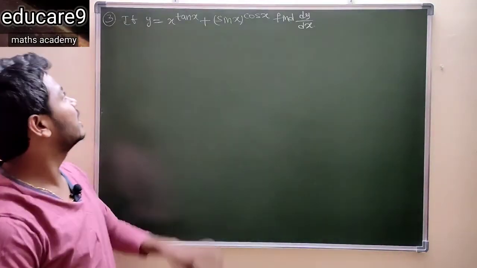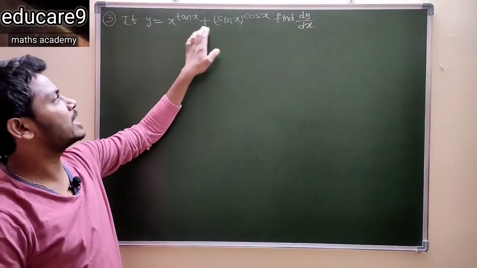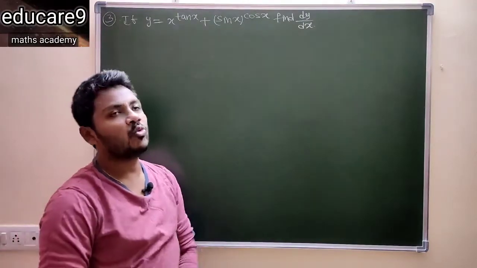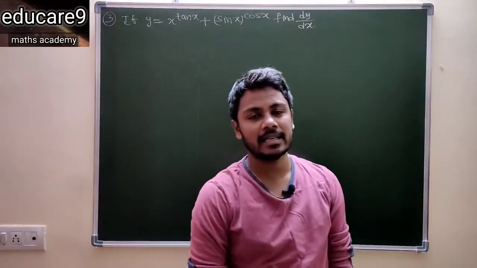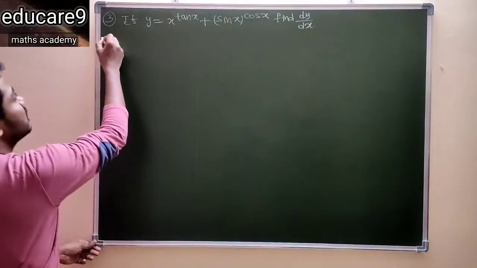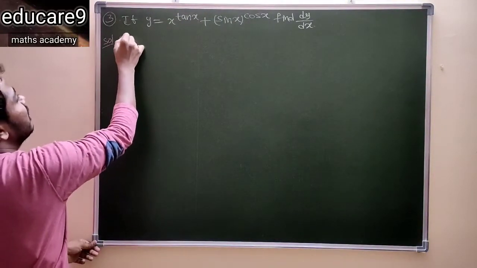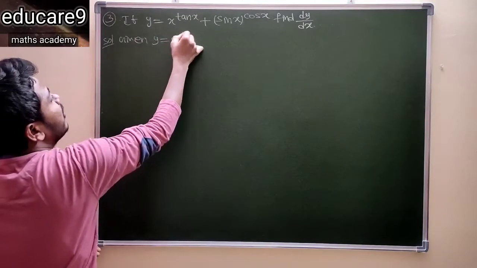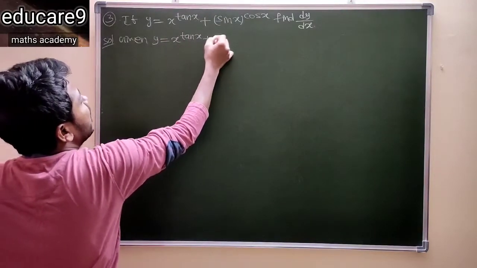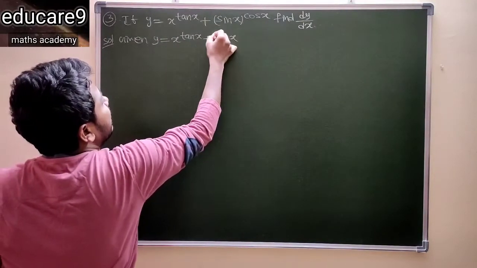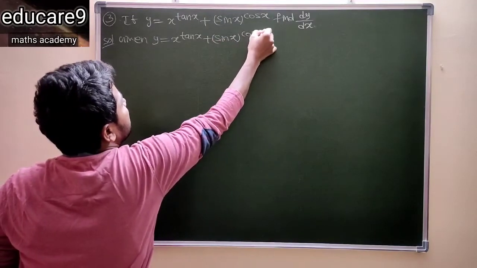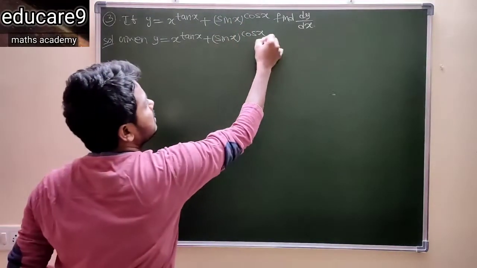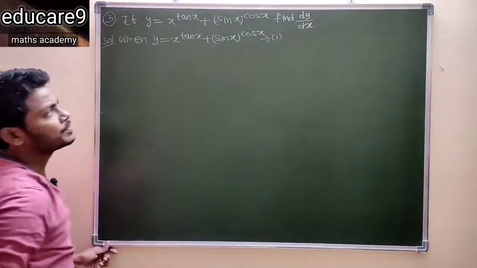See question number 3. y is equal to x power tan x plus sin x power cos x. Find dy by dx. So see here, solution: given y is equal to x power tan x plus sin x power cos x. Okay, so this is equation 1.